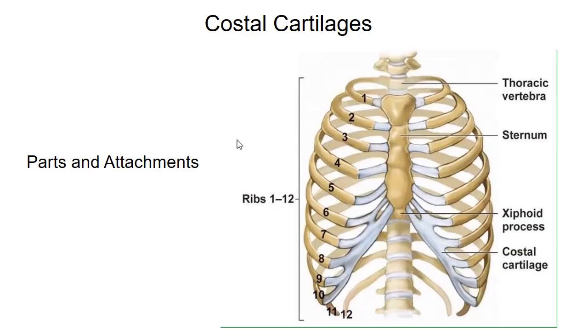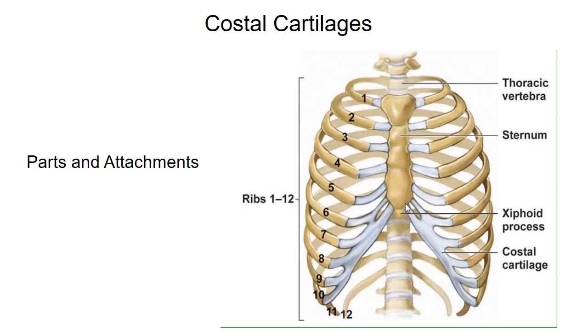Talking about the attachments of the two ends, the medial end and the lateral end of costal cartilages. The lateral end of each cartilage forms a primary cartilaginous joint with the concerned rib. The medial end of the first costal cartilage forms a primary cartilaginous joint with the manubrium. The second to seventh cartilages form synovial joints with the sternum.